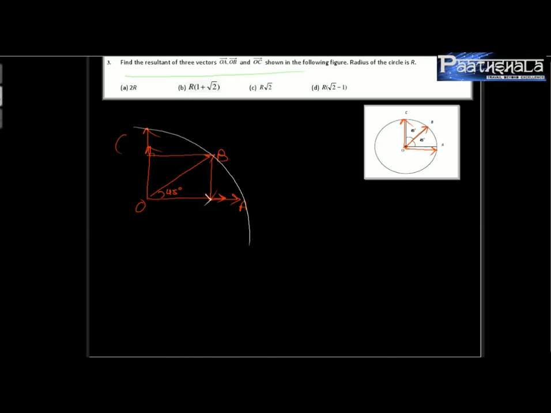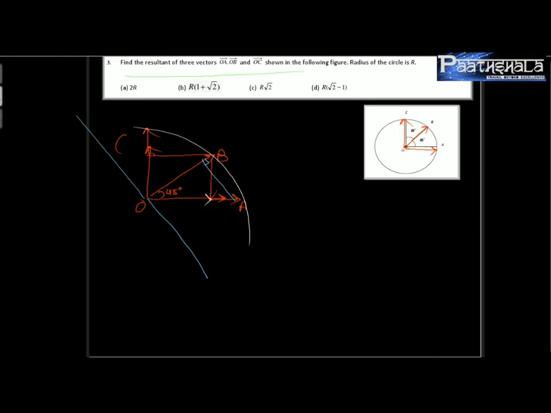There are two ways to do this problem: to resolve the vector OB along OA and along OC. Another way is to resolve OA along OB and OC along OB and perpendicular to OB. We'll opt for the second method because in doing that we simplify things for ourselves.